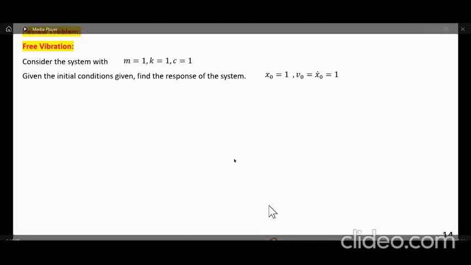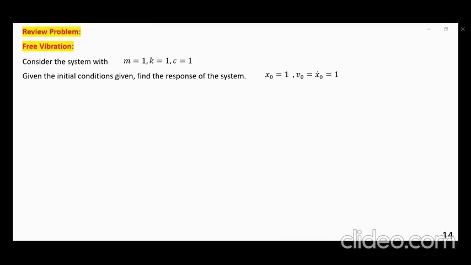So, here's the problem. This already, I'm telling you what type of problem you're dealing with. It's a free vibration problem. You're given the mass, stiffness, and the damper values, and you're given initial conditions. Initial displacement is 1, initial velocity is 1. Now I gave round numbers here because we don't want to get bogged down with ugly numbers popping around.